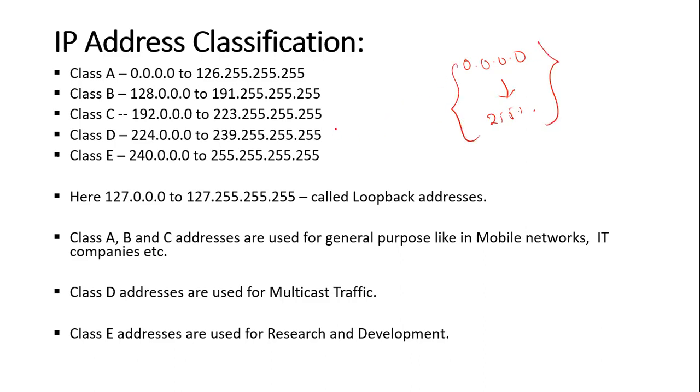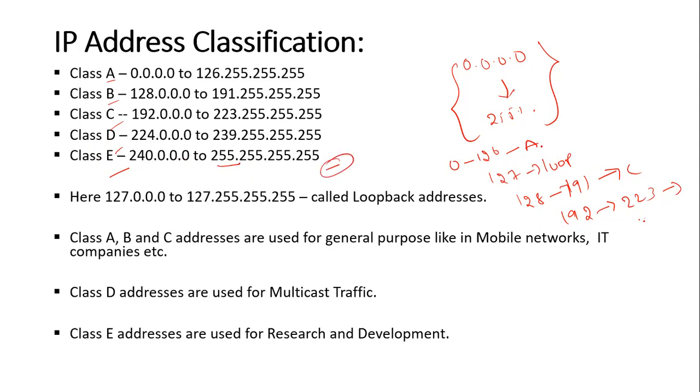These IP addresses are classified into five classes: Class A, B, C, D, and E. The IP addresses from 0 to 126 are Class A. 127 is the loopback IP address, and from 128 to 191 is Class C. 192 to 223 is for Class D, and from 224 to 239 it's Class D, and 240 to 255.255 it's a Class E subnet.